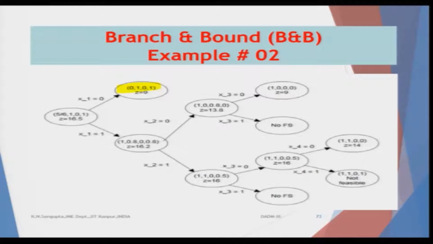This is a contender. Contender means contender for finding your optimum solution, and this is a contender. So, you will compare them, which I told you about. These are no more contenders, they are not feasible, not fathomed, so they will be ruled out of the system.